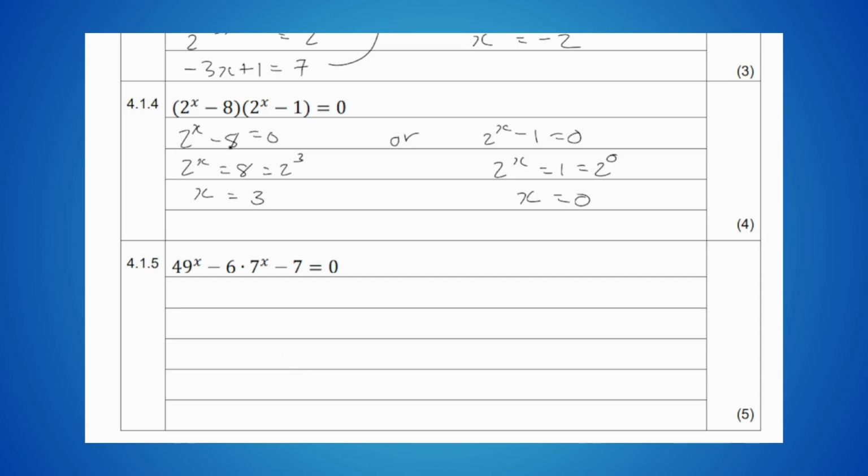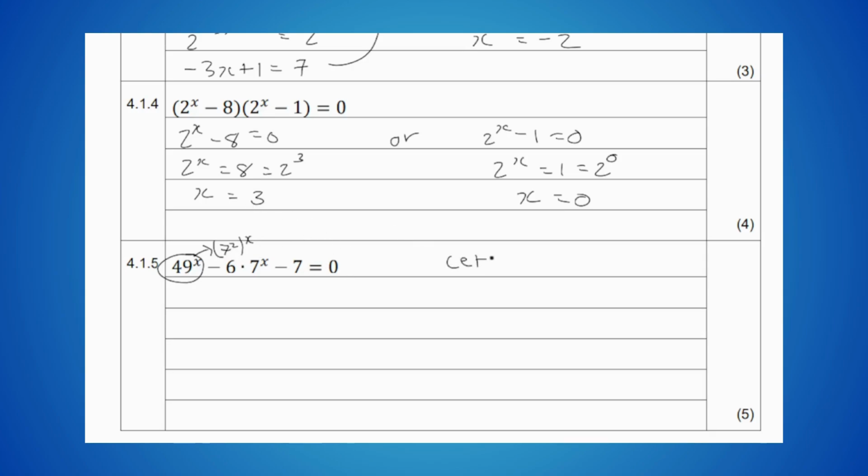And then this last question, it does help in this case if you change this to the k method, but you don't have to. This, you should have noticed, is 7 squared to the power x, or 7 to the power 2x. And then you have a square term, an x term or k term, and a constant term.